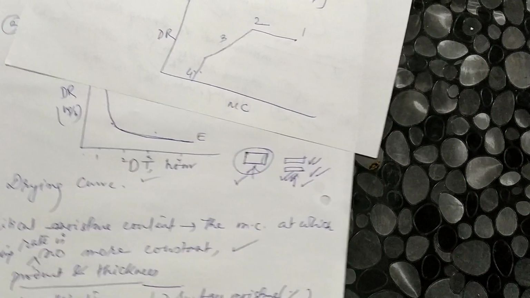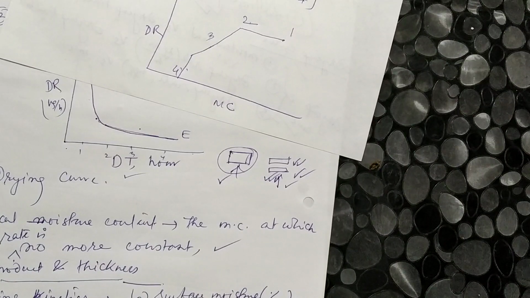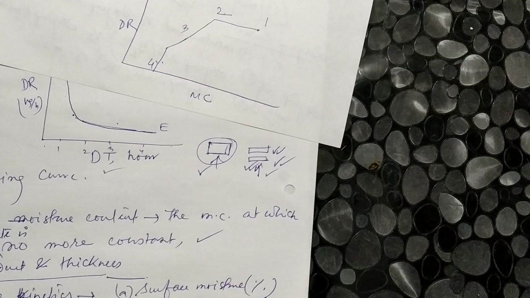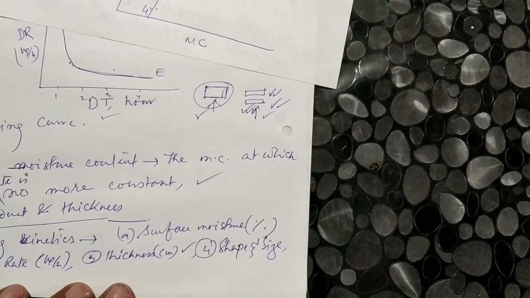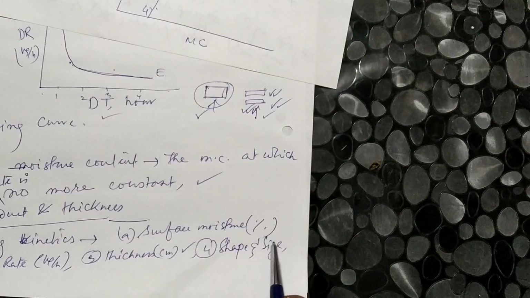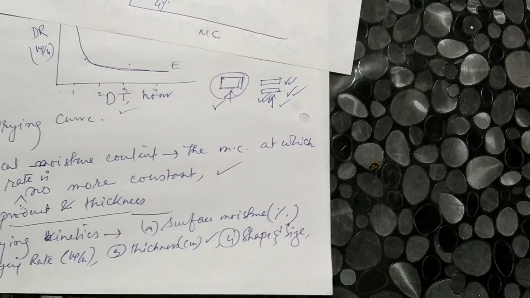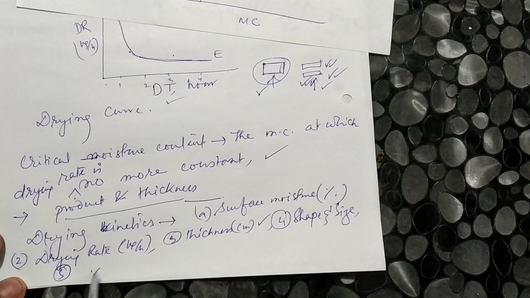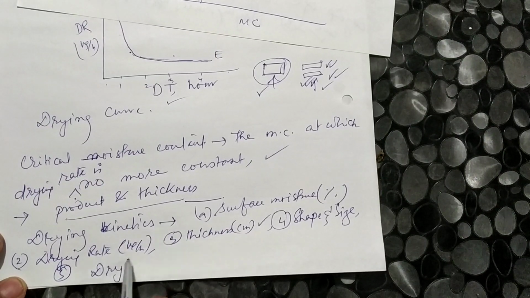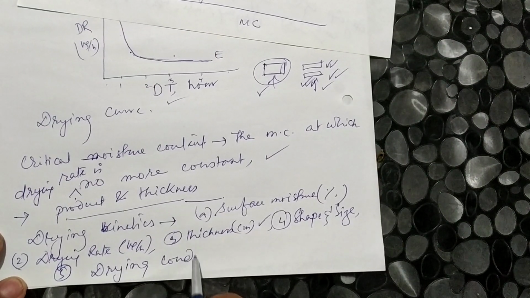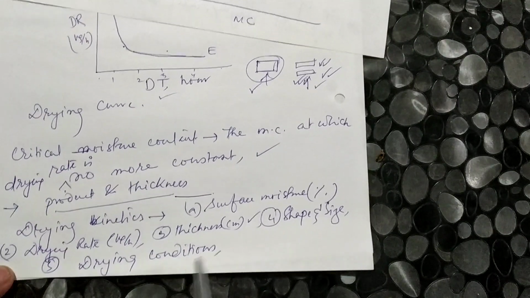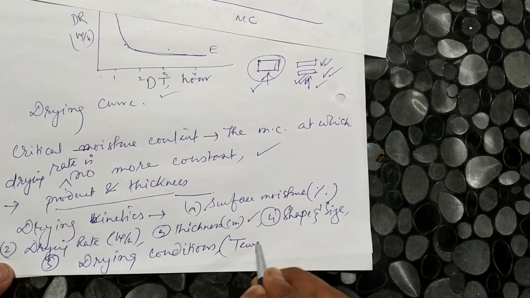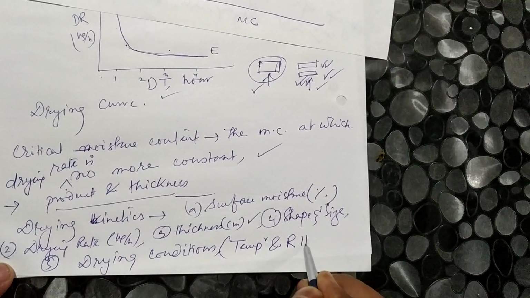Correct. Another is your shape and size, also called sphericity. You already know sphericity, the different shapes and sizes of crops give different drying behavior. So last is your drying condition. The major parameters are one, your temperature, and another, your relative humidity.